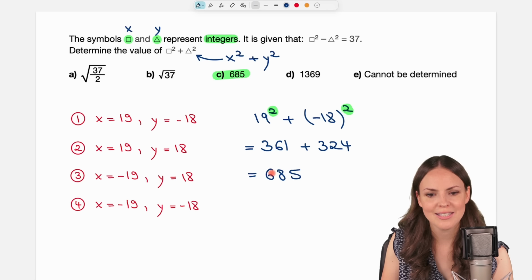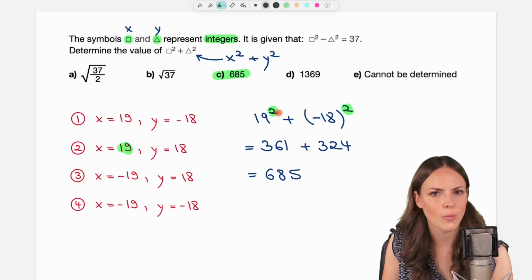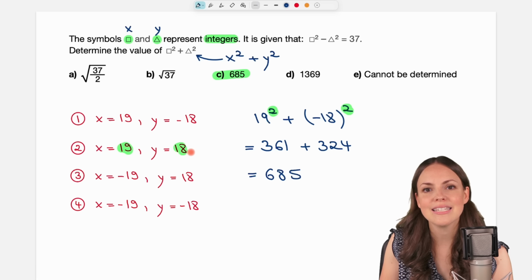But the question is, this was just the first case. What happens in all these other cases? Well, let's check. Second case. If we insert the 19 for our x, we have 19 squared as well. And this time the y is not negative 18, but positive 18. Does this make a difference? No, because we square this number in the end anyway.